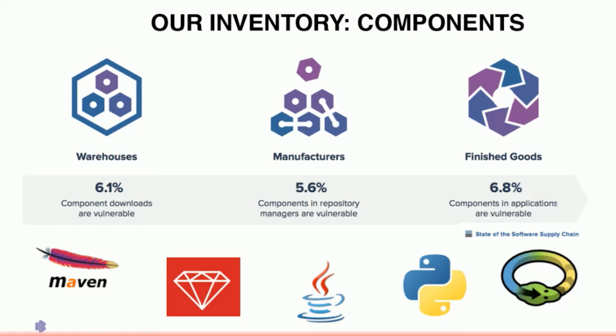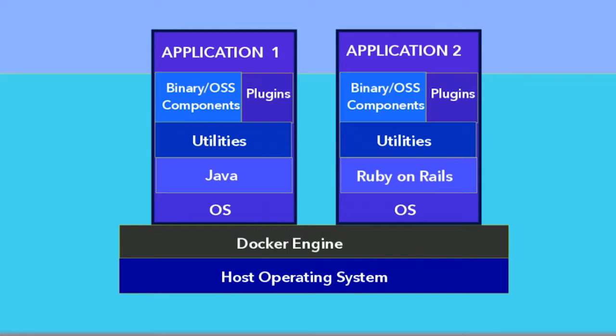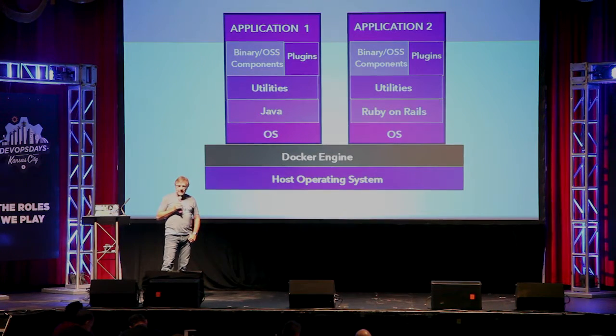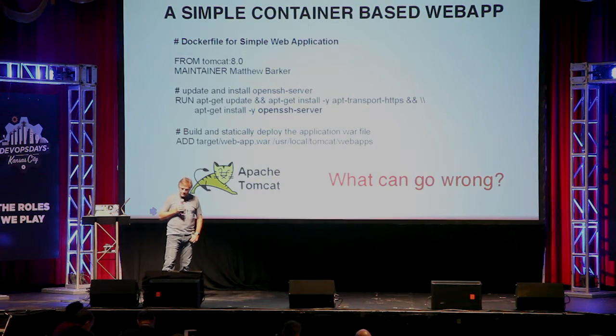About 7% of the components have high-level vulnerabilities. Real problem. Now let's dive into our Docker containers. There's a lot of moving pieces here. There's a lot of things that can go wrong, and so you need comprehensive security practices in this environment.